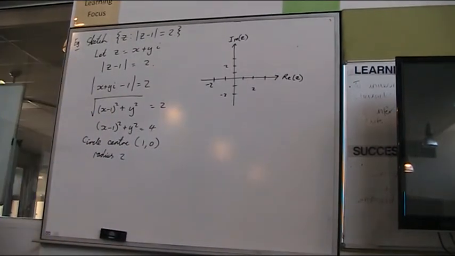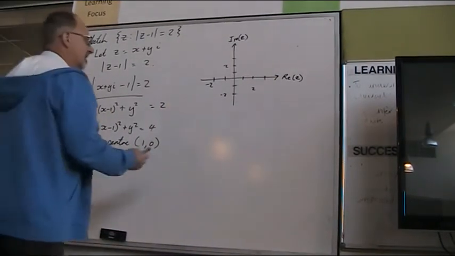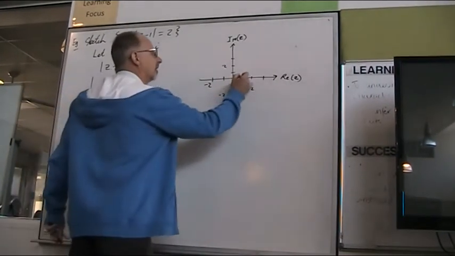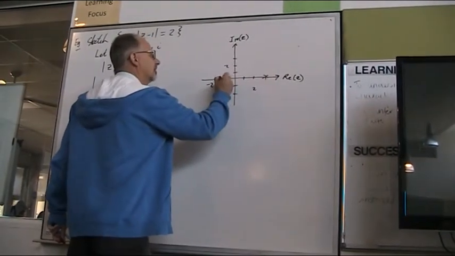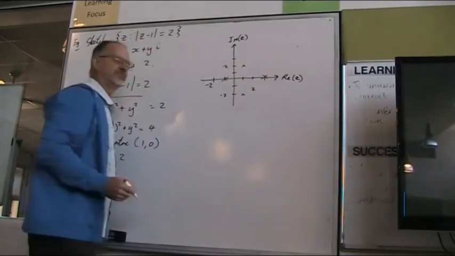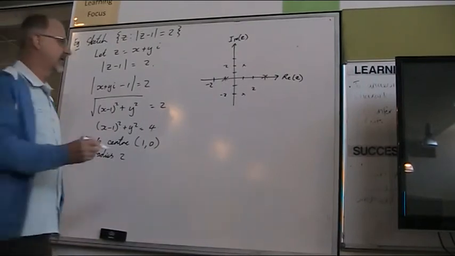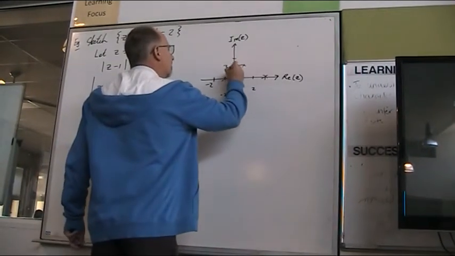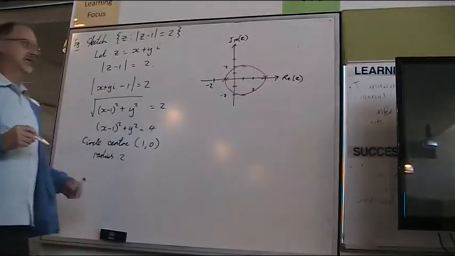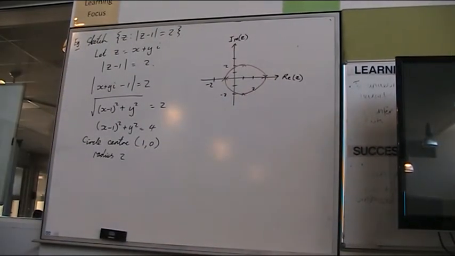And then we know the centre's here, we know the radius is 2, so we go 2 to the right, 2 to the left, 2 up, 2 down, gives us 4 points, and so if you get your scale right, you get a circle, not an egg.